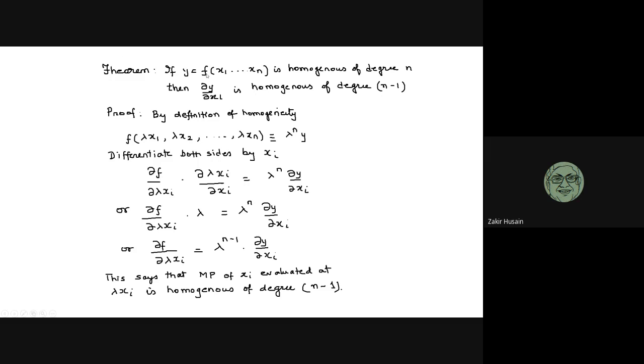If y equal to f(x) is homogeneous of degree n, then the marginal product is homogeneous of degree n minus 1. Okay, we have proved this before.